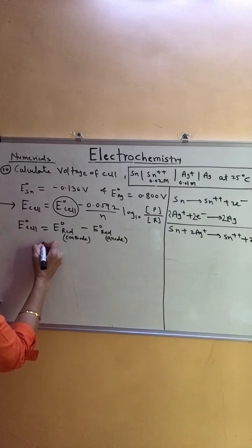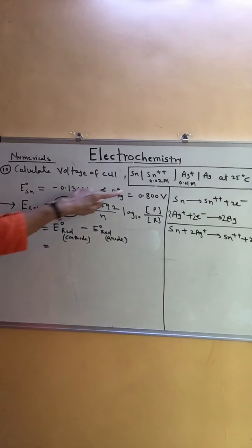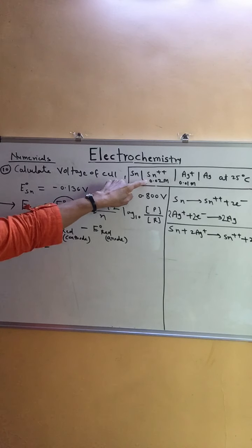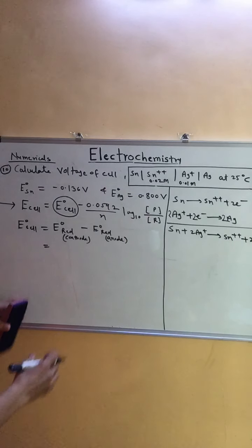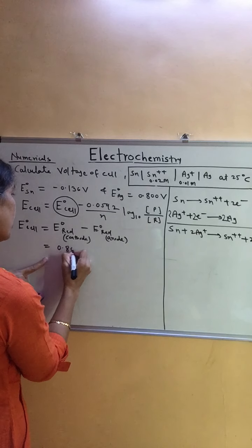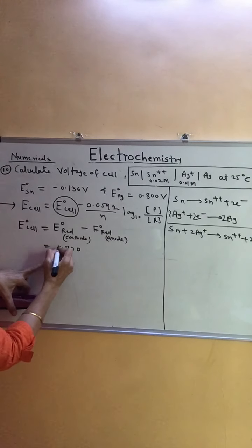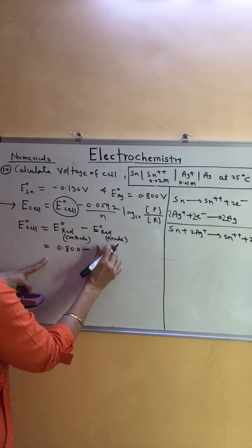Now which is the cathode of the cell? If you observe the short notation, the cathode of the cell is the silver half cell, and the standard potential given for the silver half cell is 0.800, minus the reduction potential for the anode.